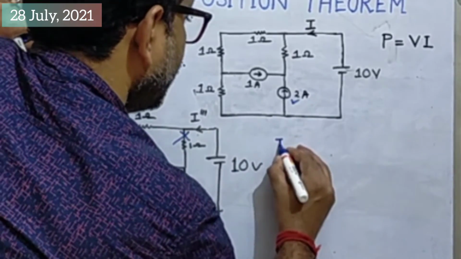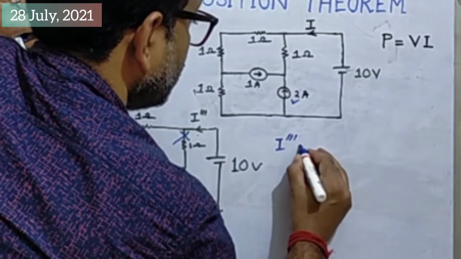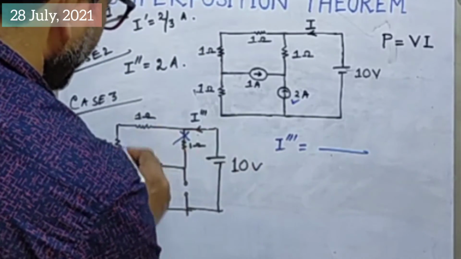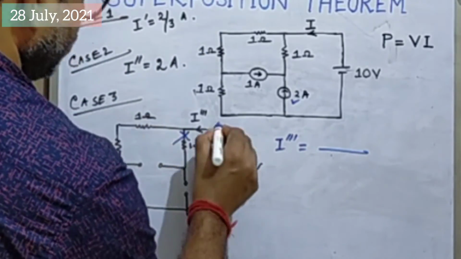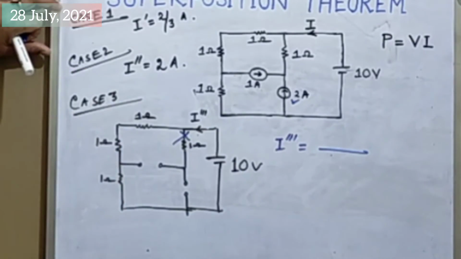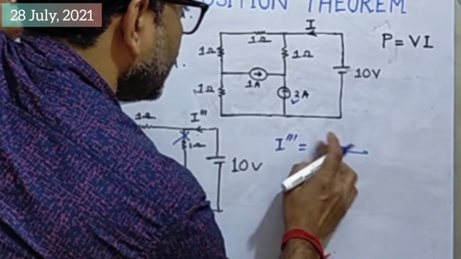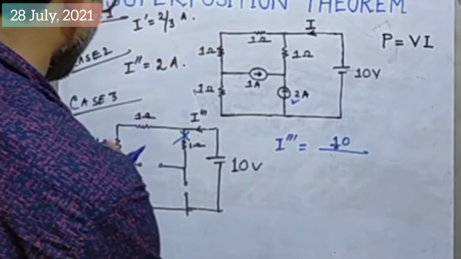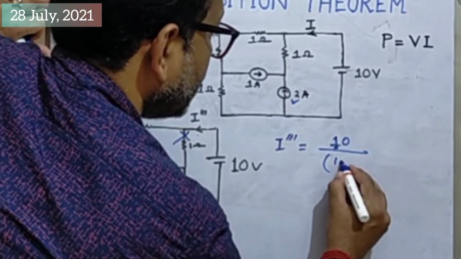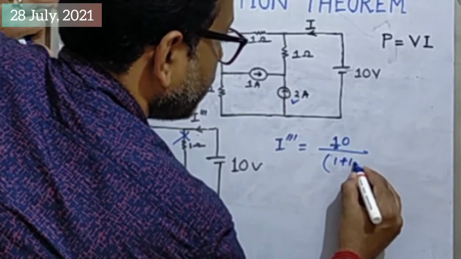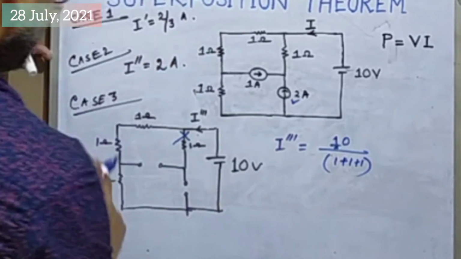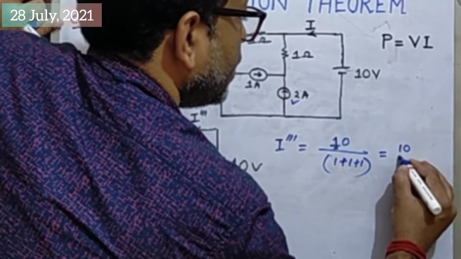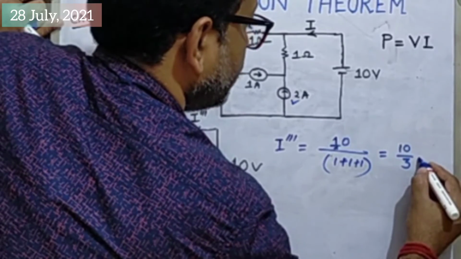So I triple dash equals the total voltage, as this is now a series or loop circuit. So I triple dash equals the total voltage, that is 10 volt, divided by 1 plus 1 plus 1, that is 3 ohm. So this is 10 by 3 ampere.